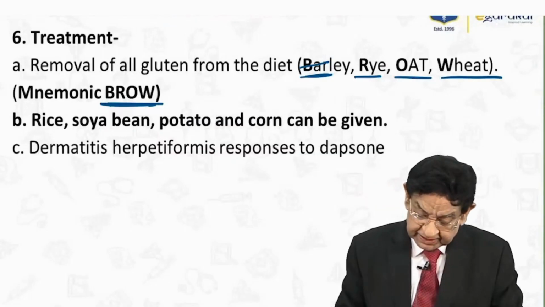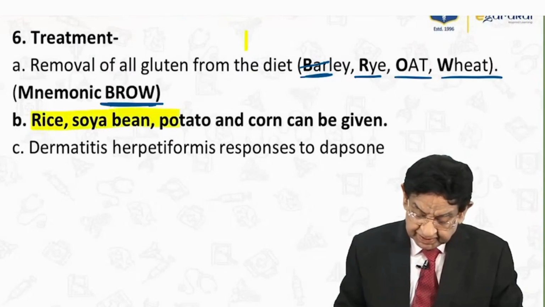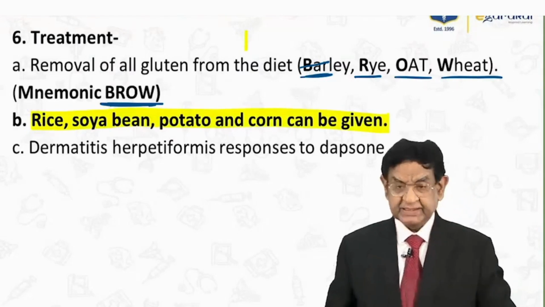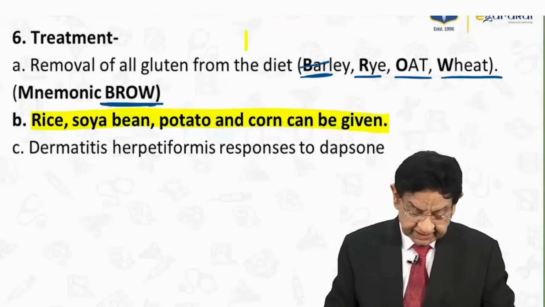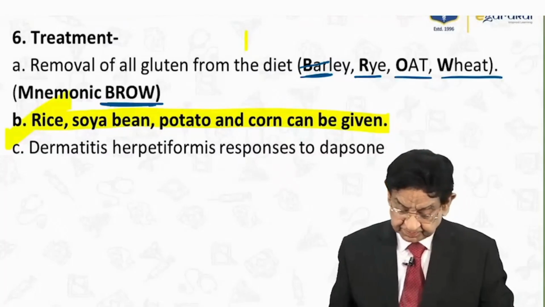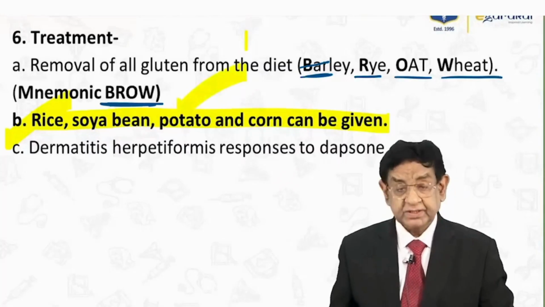You can say, yes, gentlemen, you can take rice, soya bean, potato and corn. This he can take. As a cereal, he can take rice. As a vegetable, he can take potato.